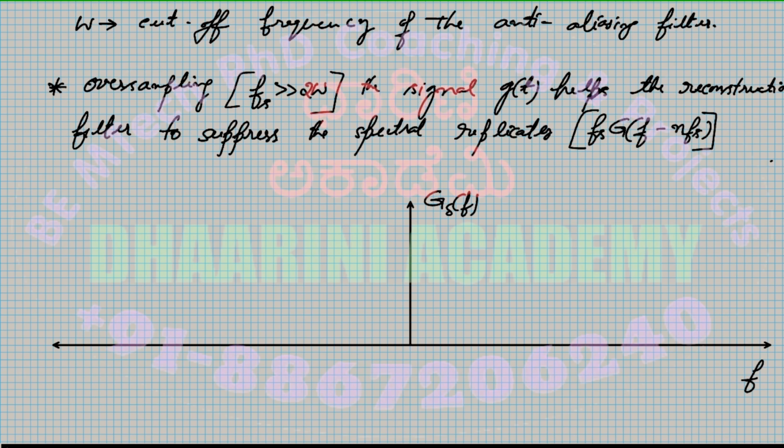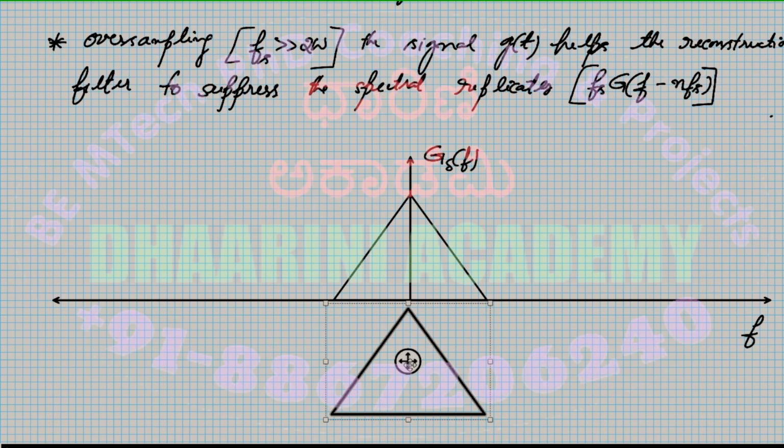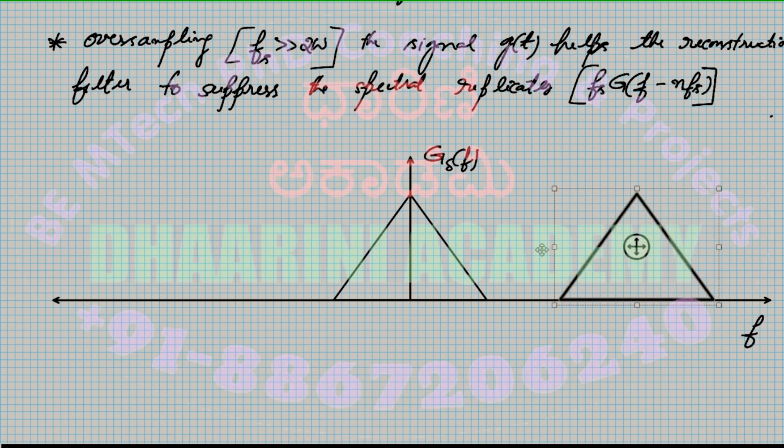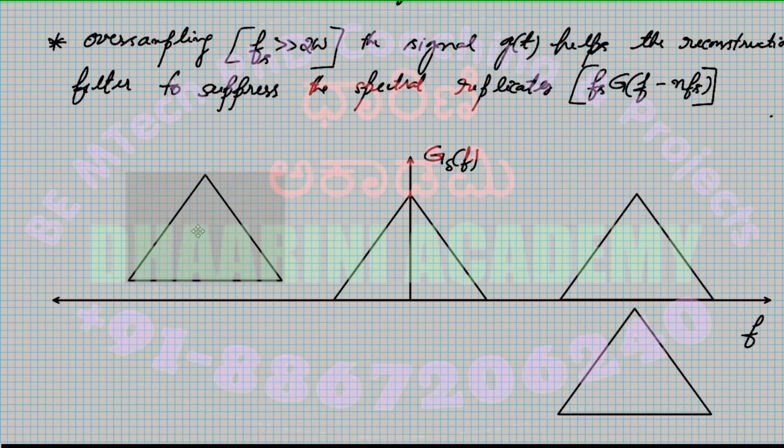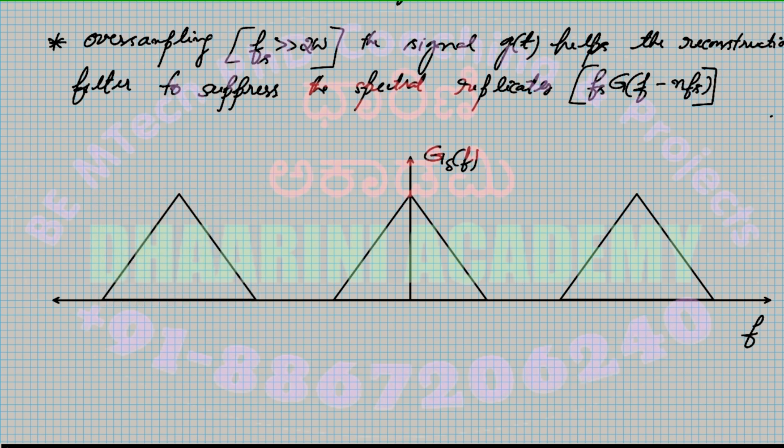So we have several copies of the original triangle which we wrote. I can see that it is the replicate, right?